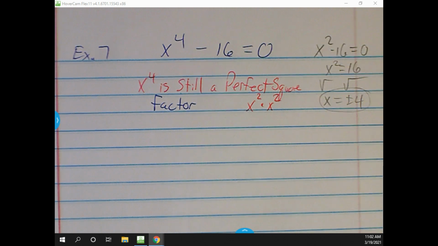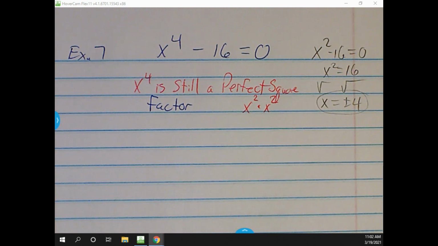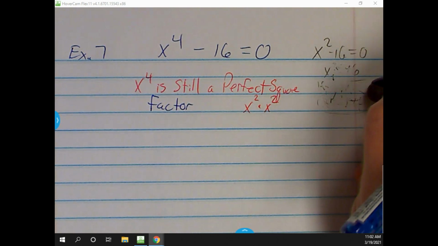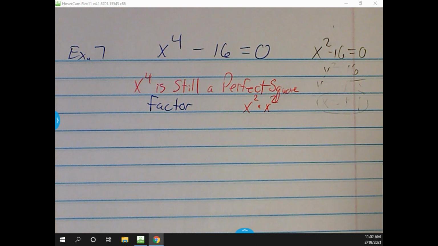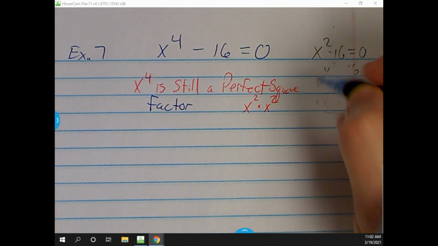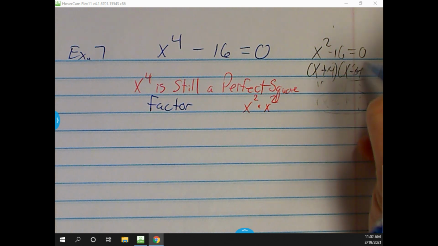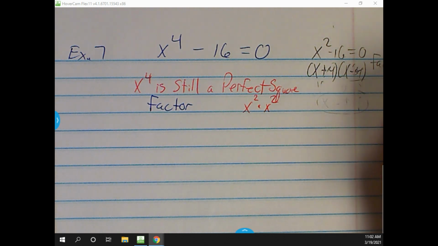So really the only difference is, if we back up for a second to that one we were doing, if we had done this by factoring, how this was two perfect squares, we said you could do x plus 4 and x minus 4.